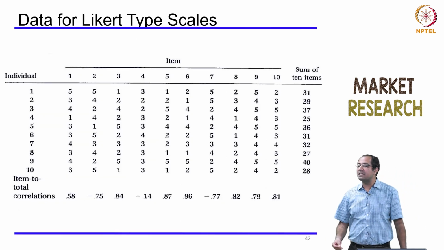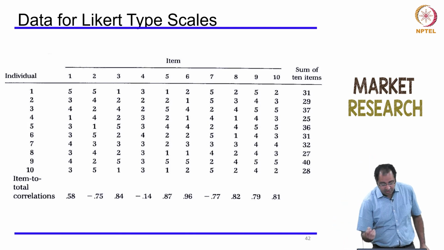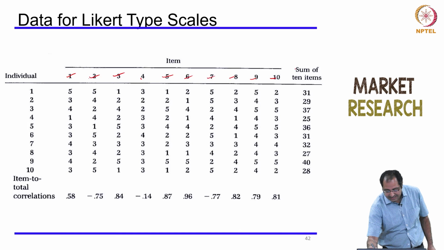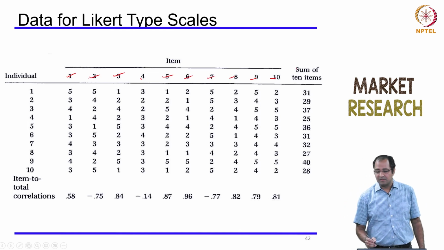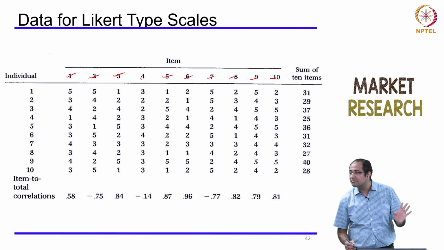How would the data appear for Likert type scales? Let's say you have 10 items. So this is item 1, 2, 3, 4, 5, 6, 7, 8, 9, 10. You have 10 statements measuring a single concept.